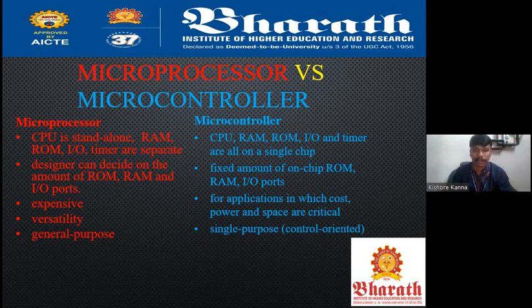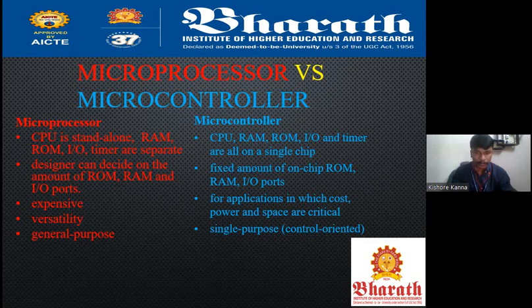For applications in which cost, power or space are critical, a microcontroller is used, and for versatility, the microprocessor is applicable in many applications where a processing element is required. The microprocessor is for general-purpose usage, where a processing element or processing circuit is needed. It will be used as a processing unit in electronic circuits or designs, and whatever device is built, it will be built with the microprocessor and its applications.